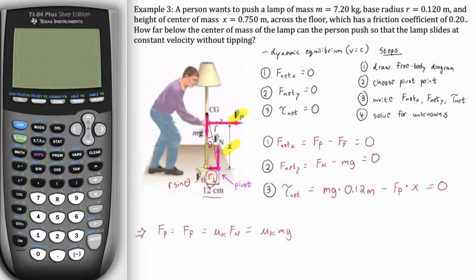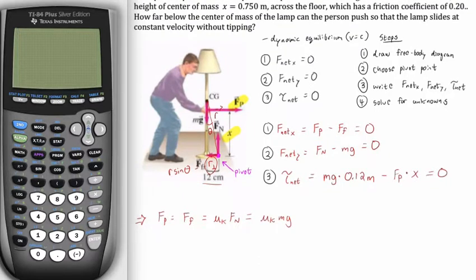Okay? So then we can substitute that into our torque equation. All right? So then we're going to get mg times 0.12 meters minus mu k mg times x equals 0. And that means that x is going to be, and let's cancel out our m and our g, x is going to be 0.12 meters divided by mu k.